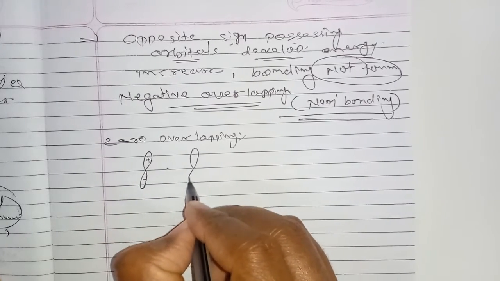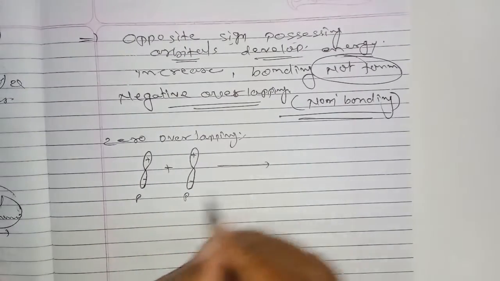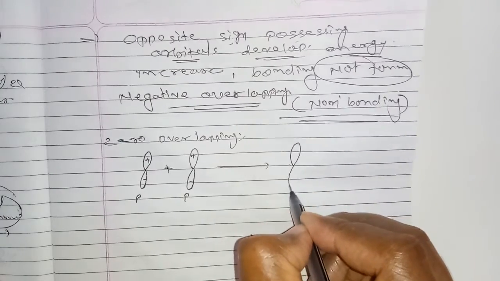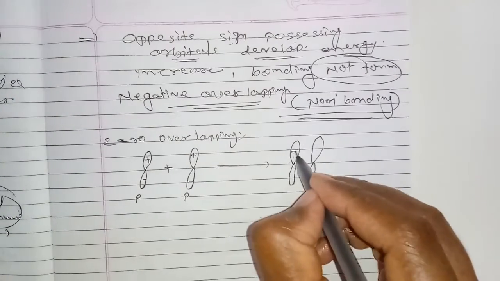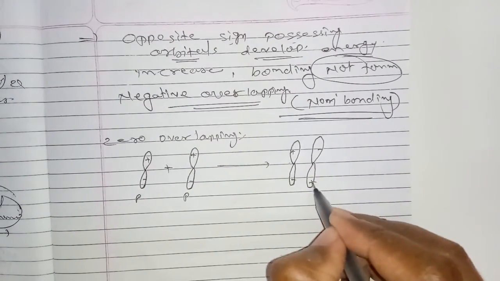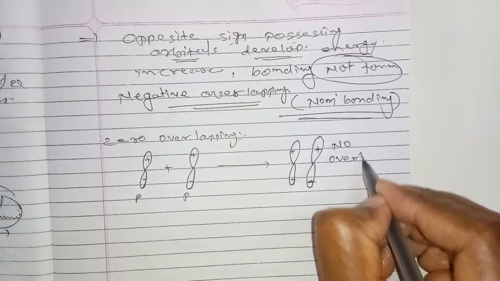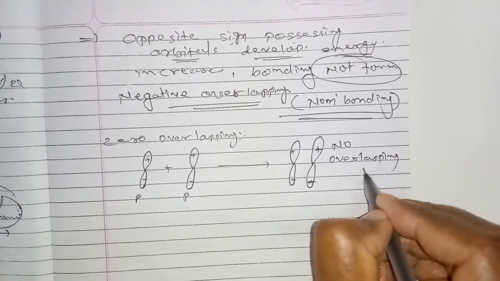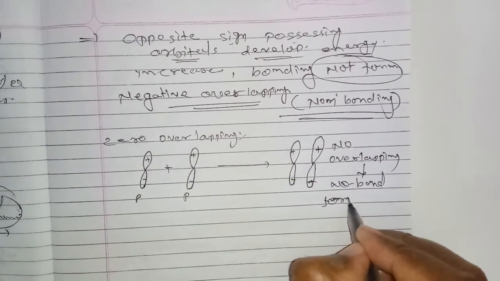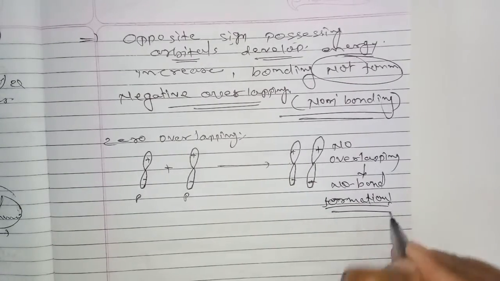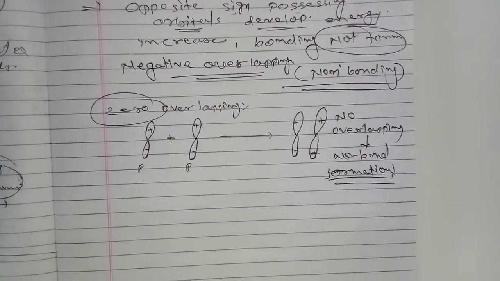Suppose p orbital and p orbital are positioned so that there is no overlap, or positive with negative, meaning no bond formation. This is the concept of overlapping of orbitals.